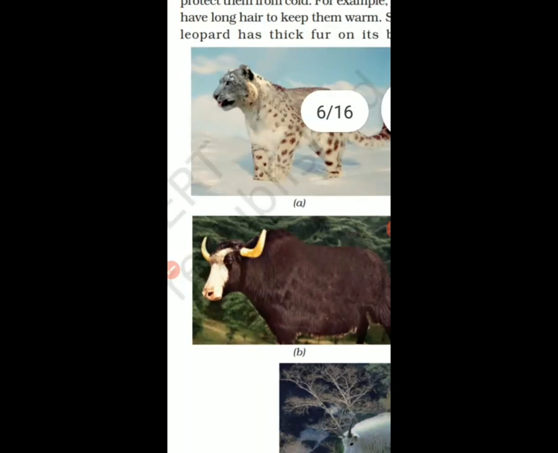Snow leopard has thick fur on its body. So this protects them from cold. The mountain goat has strong hooves for running up the rocky slopes of the mountain. So these are the adaptations of different animals of mountain region.